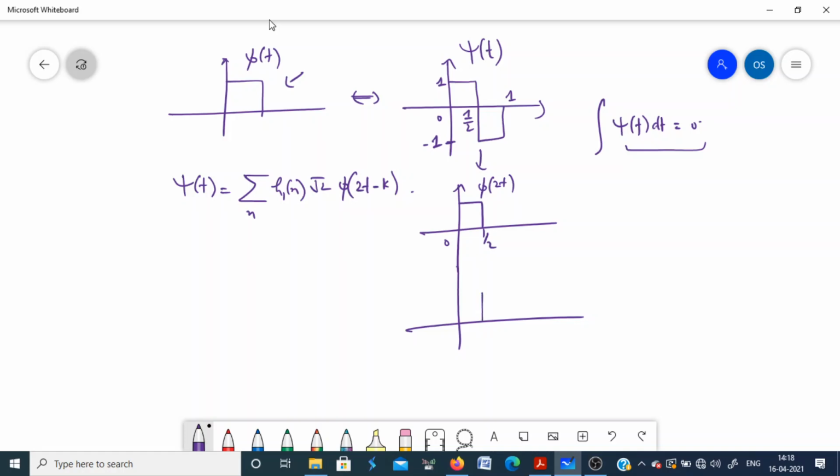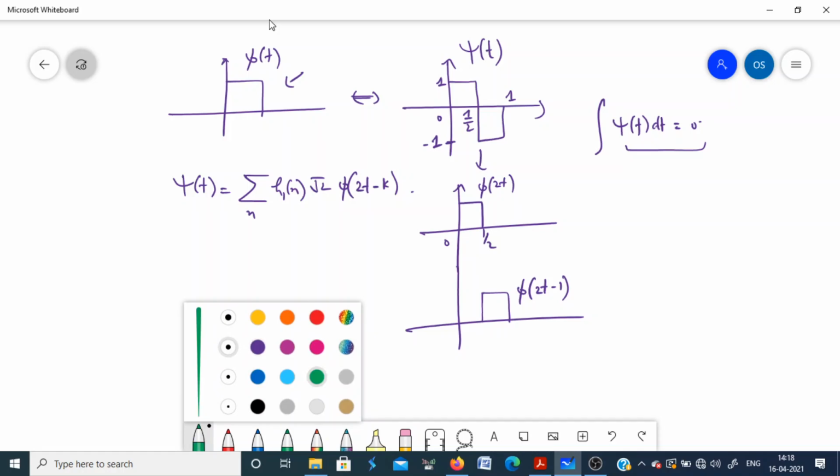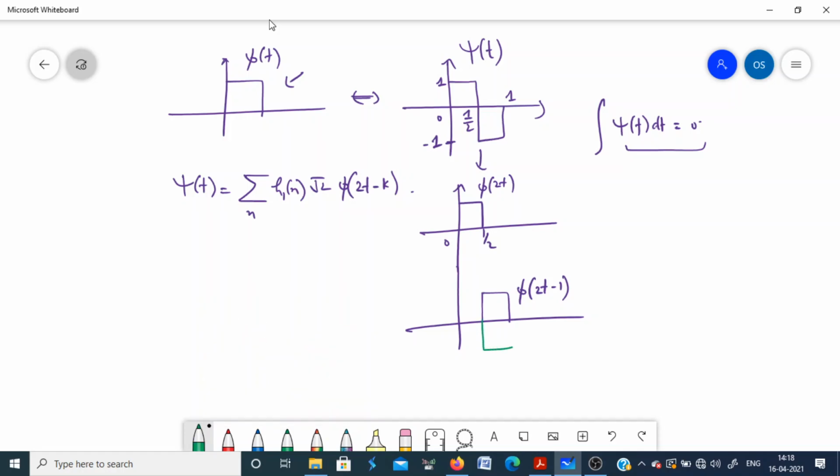It will become like this. If you multiply this with minus 1, its amplitude will be reversed. So this function is minus phi of 2t minus 1. If you add phi 2t with minus phi of 2t minus 1, you get psi t.